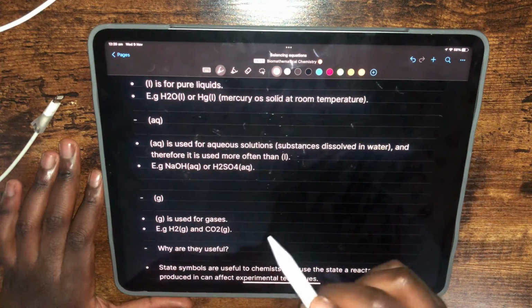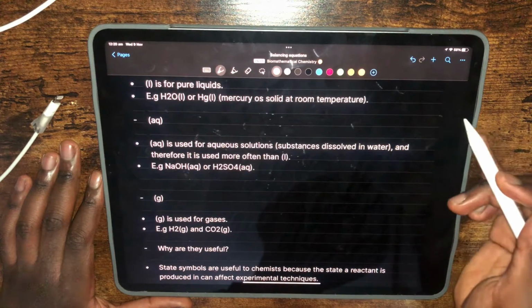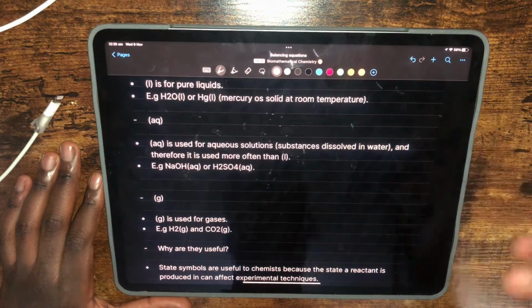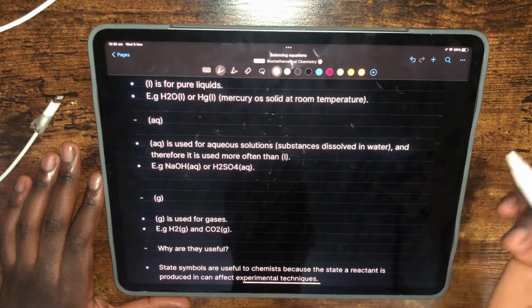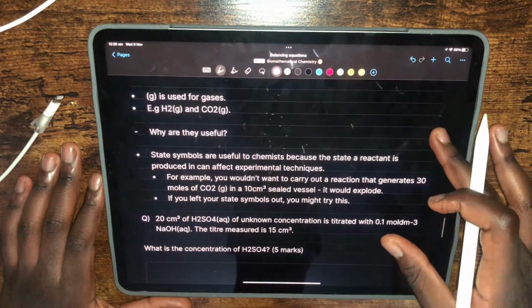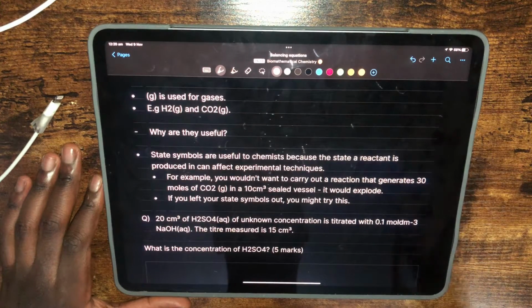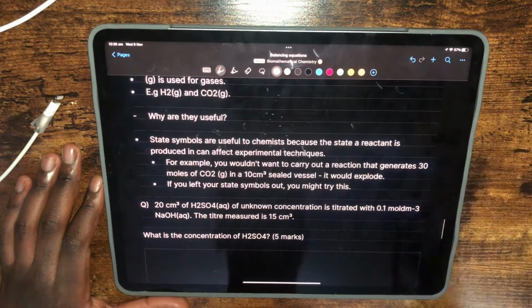No, you'd have it as an aqueous solution. H2SO4, that's going to be an aqueous solution. Gases, everyone knows gases. The little g represents gases. H2 and CO2, you already know what they are.